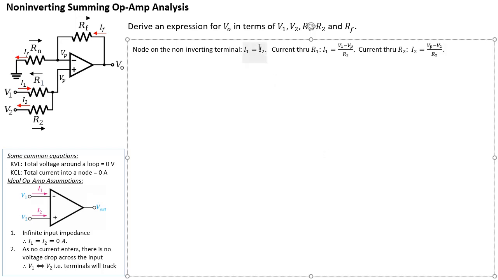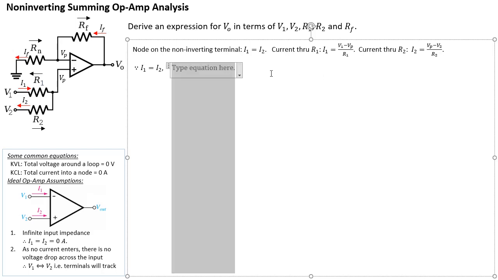Now, given the fact that they need to be equal, let's do that next. So I1 is equal to I2. Since I1 is equal to I2, I can write an equation that puts the two together.